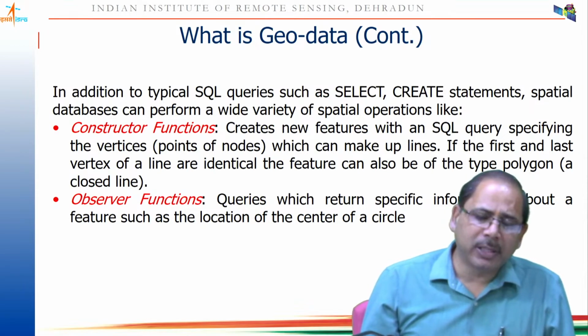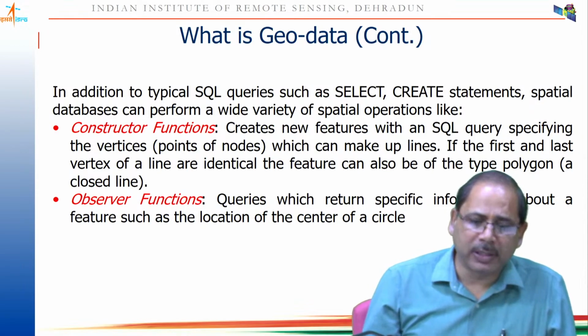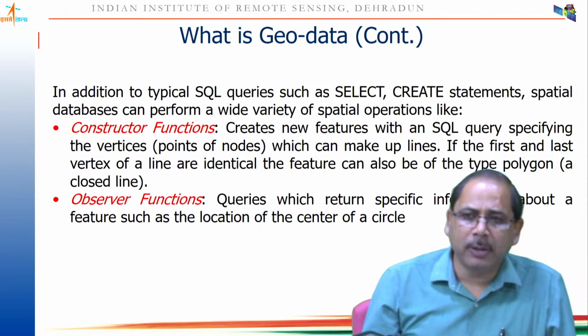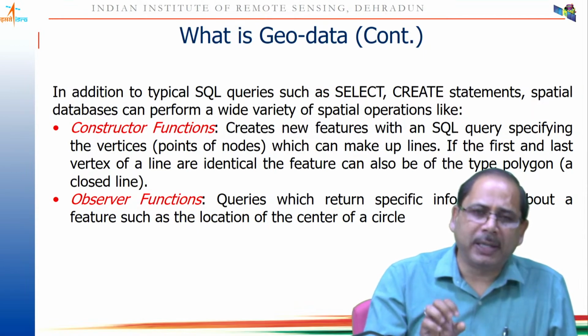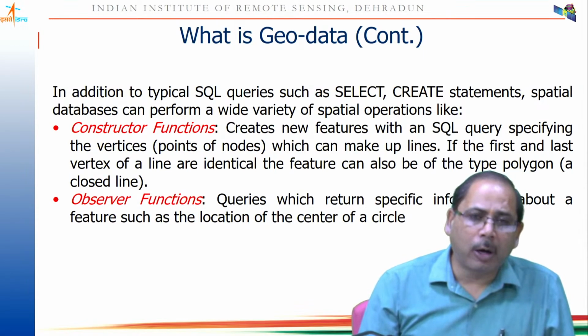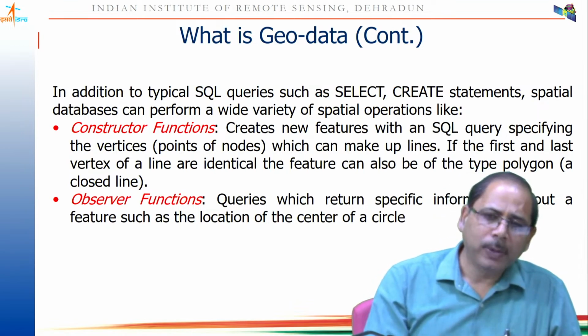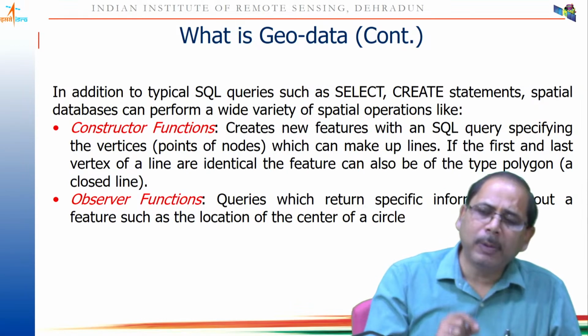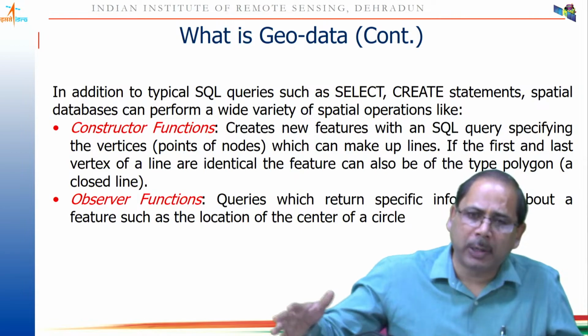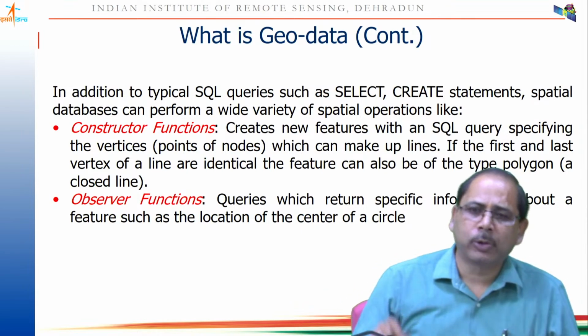Another kind of function which you require is called observer function, like queries which return specific information about a feature, such as the location of the center of the circle. So this is basically a measurement, a calculation. This is called observer function. Suppose I have big polygons, so I am only storing the nodes of these polygons. Or maybe I have line features, a road network, so I'll be collecting all the nodes of this road.